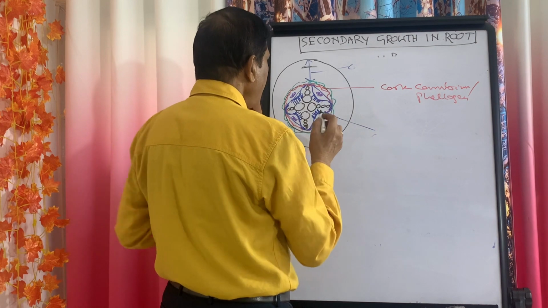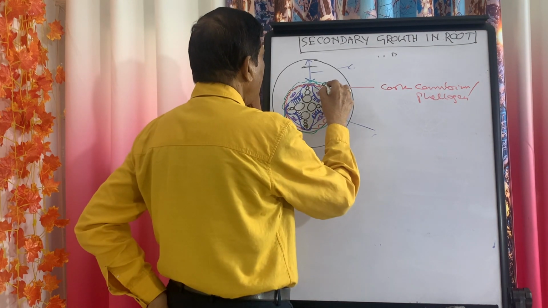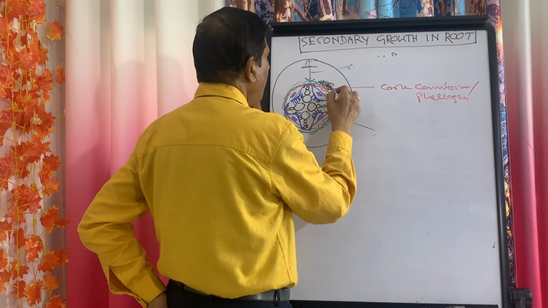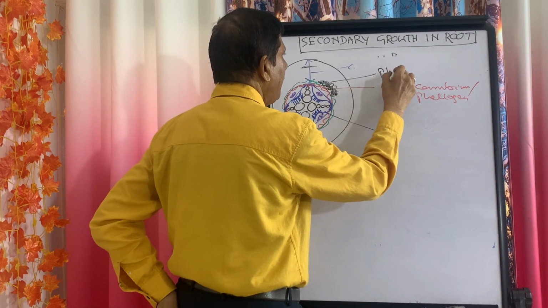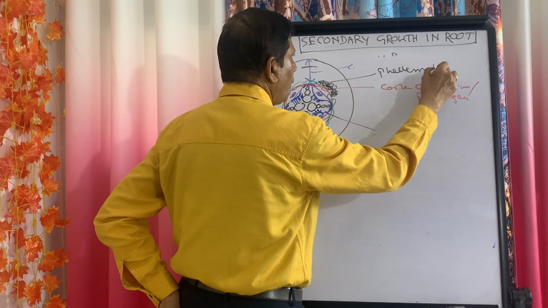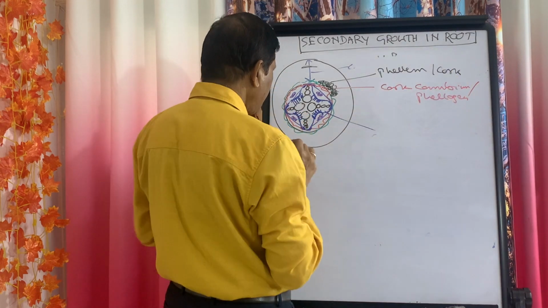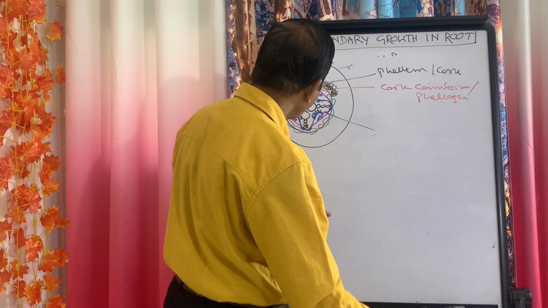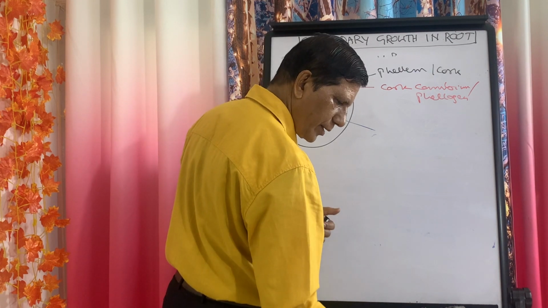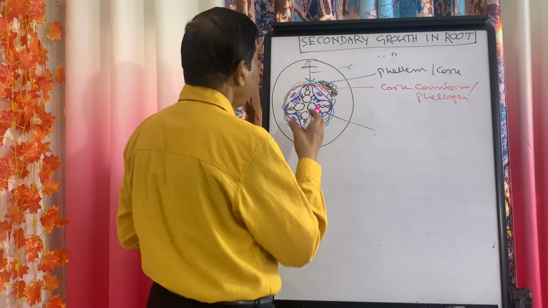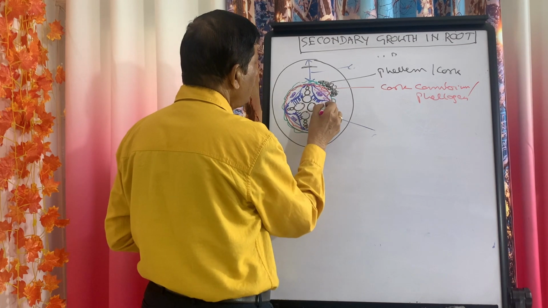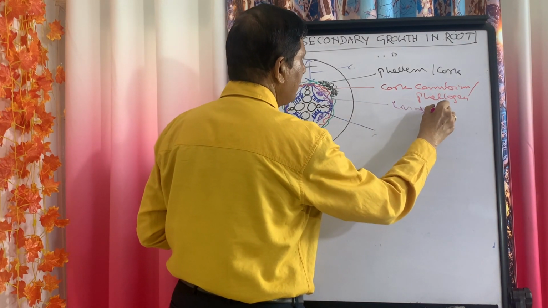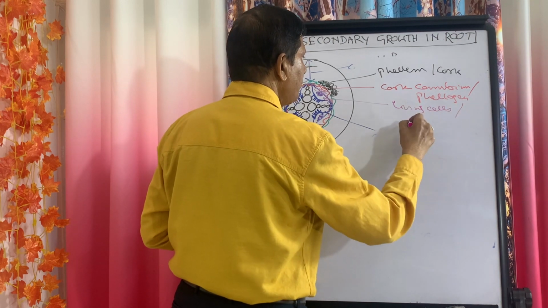So here the cork cambium gives rise to tissues toward the outer side, which become suberized, and this is known as phellem or cork. For the inner side, it will give rise to new tissues, which will be living cells, and we can call it the periderm.